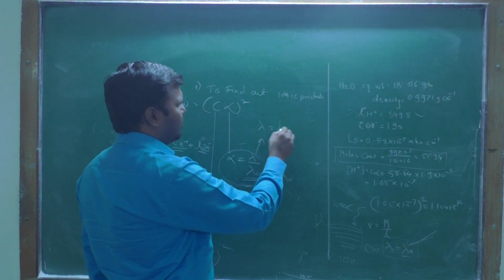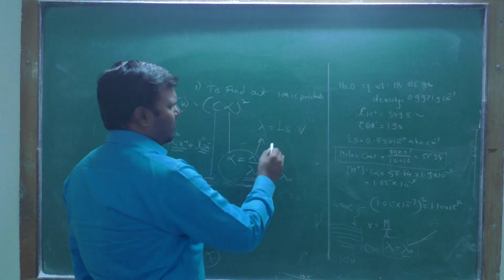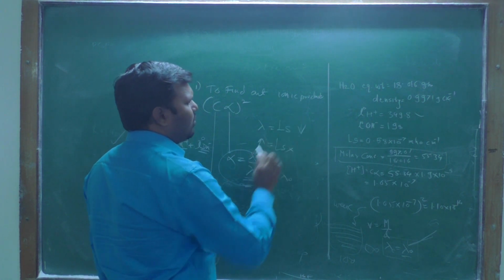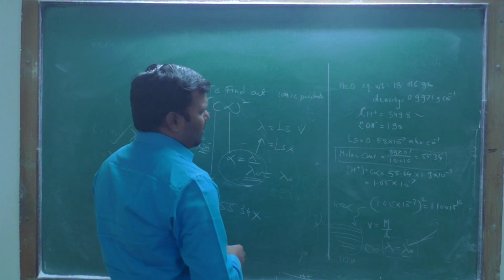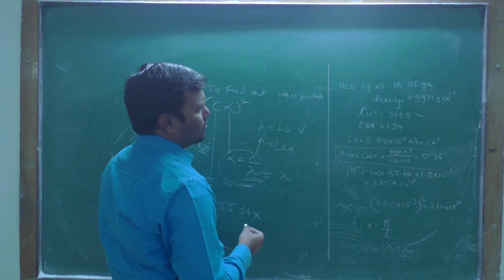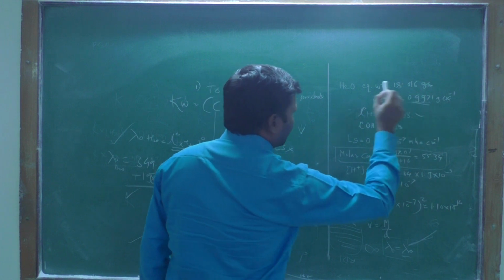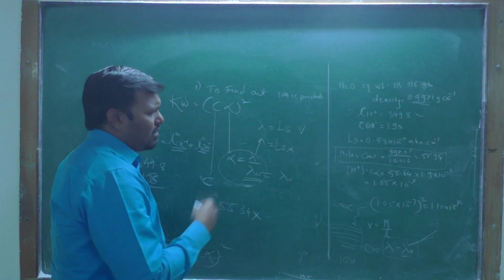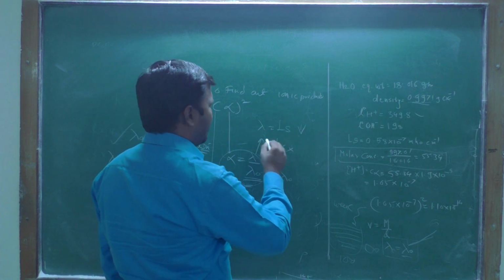Lambda is equal to LS upon LS into volume. For the volume, we can find it as mass upon density. Therefore the mass of water you can find from the density of water, mass upon volume, and by using this you can find lambda.